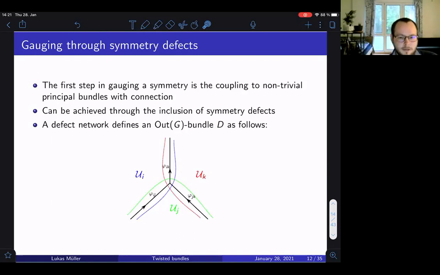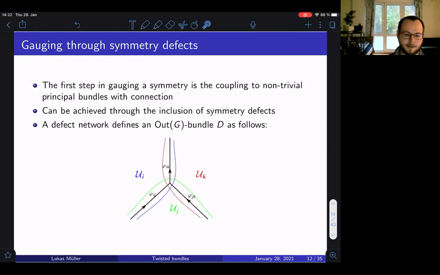And the way you do that is you realize that if you have a defect network described by symmetry defects, which I now also allow to meet at some point, where I want to impose some compatibility conditions, then I can build a principal G bundle from that by putting a small open neighborhood around every face of the decomposition induced by the defect network, and then use the labels on the edges as transition functions to define the bundle.